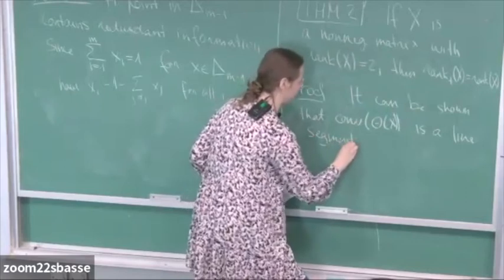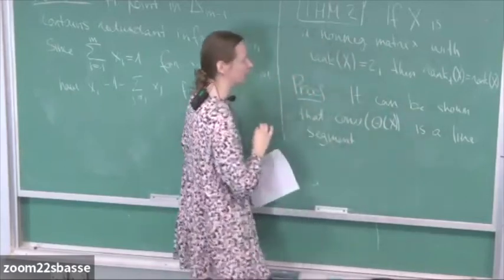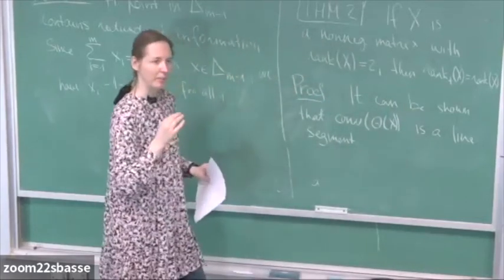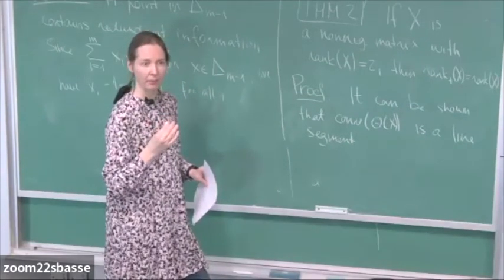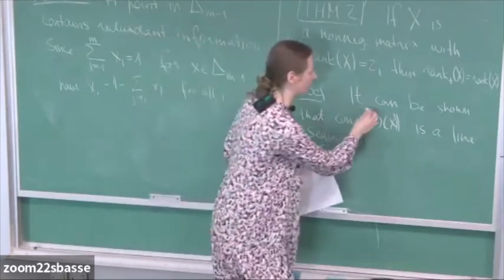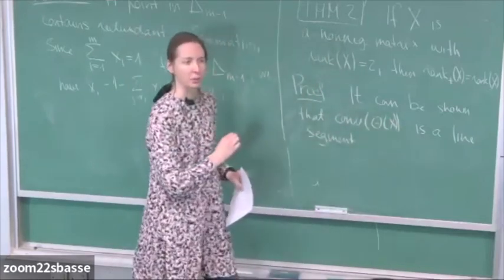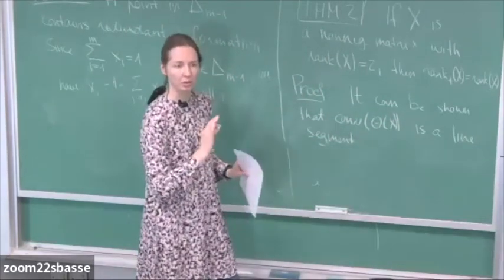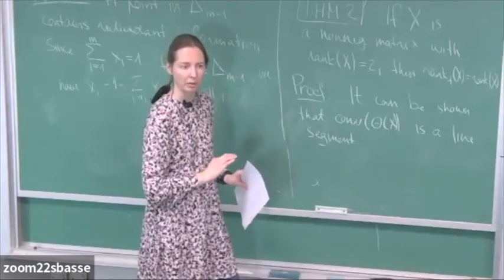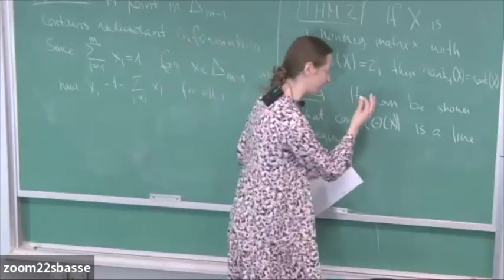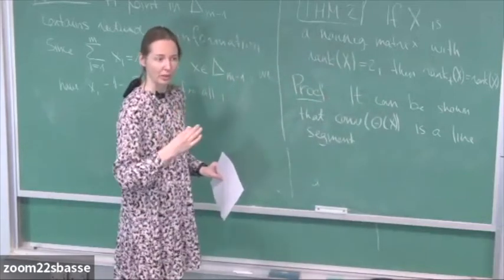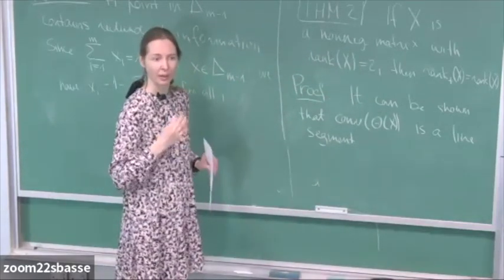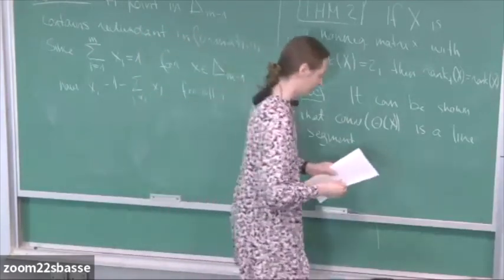But actually, there is a more general statement: if the rank of matrix X is K, then this convex hull of theta X is K minus 1 dimensional. This is true in general. In our case, rank is 2, so 2 minus 1 is 1, and a 1-dimensional polytope is a line segment. Okay.